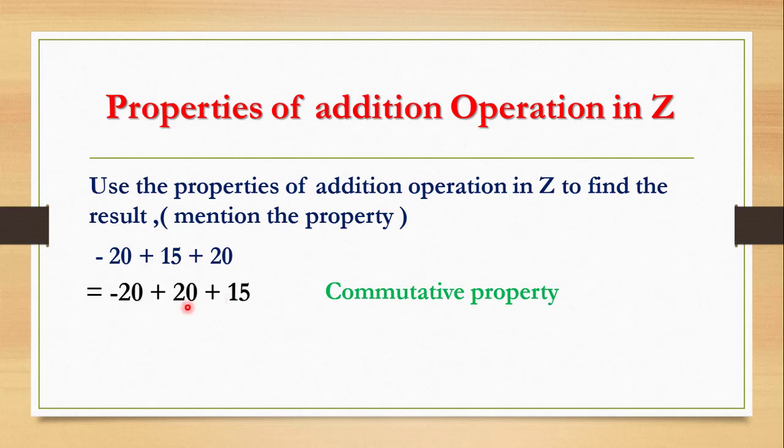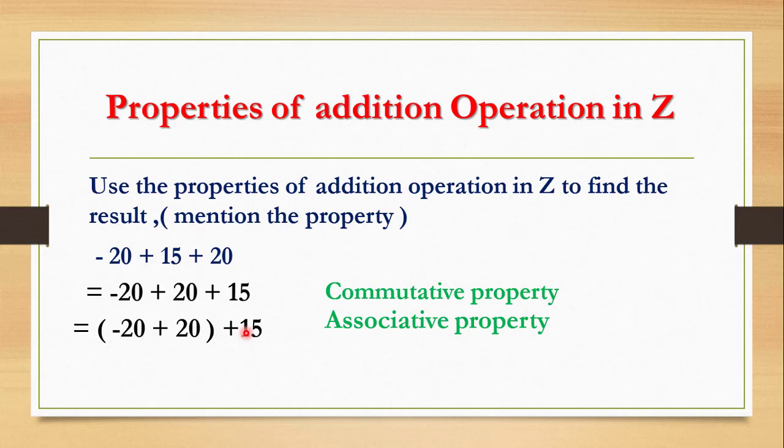Now I want to add negative 20 plus 20, then I want to add 15 to them. So I'll add negative 20 plus 20, then plus 15. Which property is this? Associative property. Okay, negative 20 plus 20 is 0.